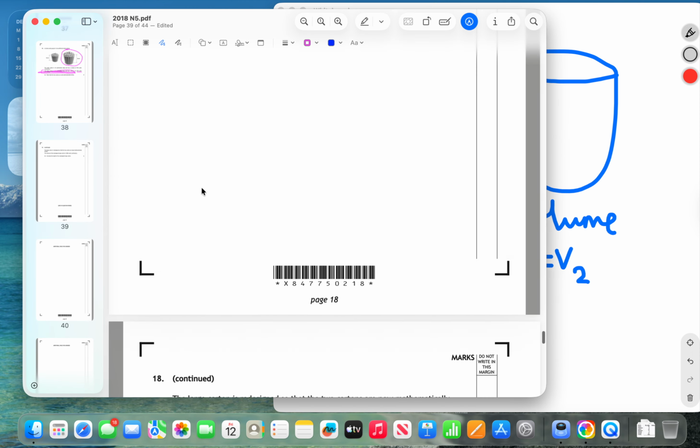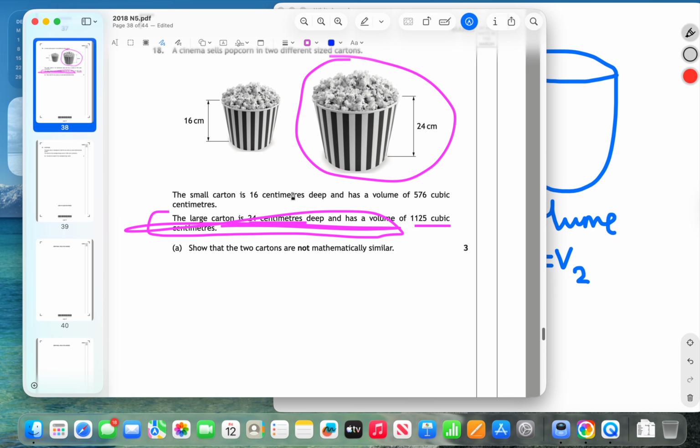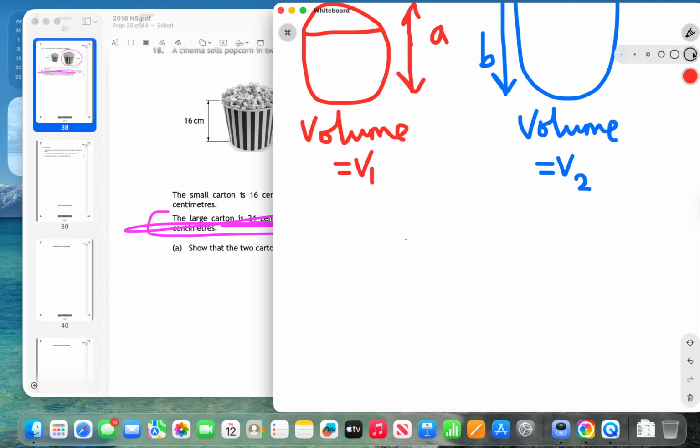So we know the information about the small carton. So we know that A equals 16 centimetres. And we know the volume of this one. It's 576 centimetres cubed.